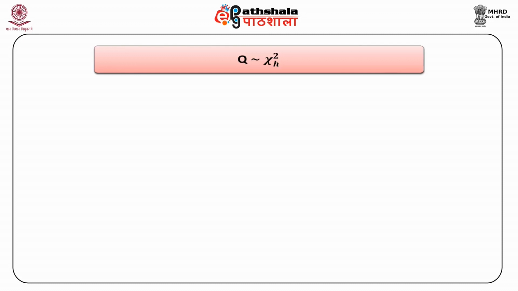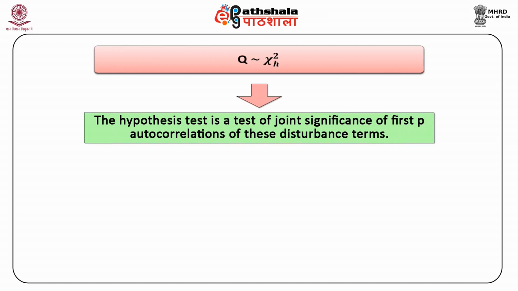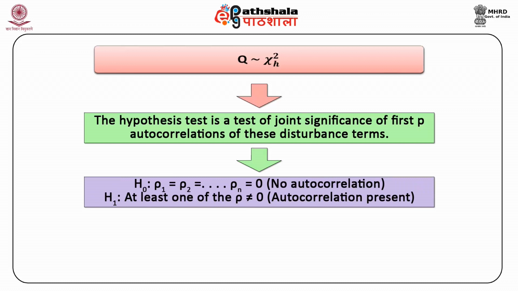The fifth step is the hypothesis test, which is a test of joint significance of the first P autocorrelations of these disturbance terms. Our null hypothesis is that rho 1 is equal to rho 2 up to rho P equal to 0, which means no autocorrelation, and our alternative hypothesis is at least one of the rhos is not equal to 0, which means autocorrelation is present.